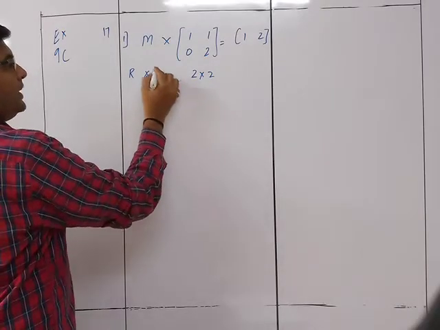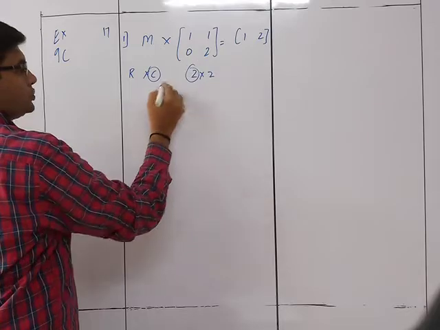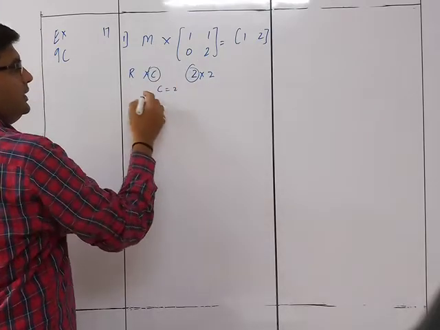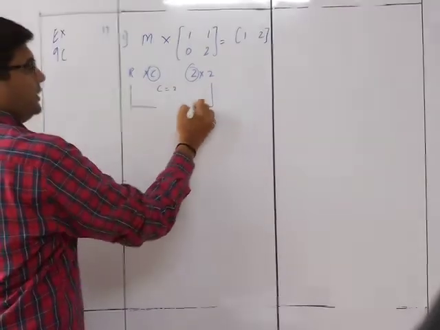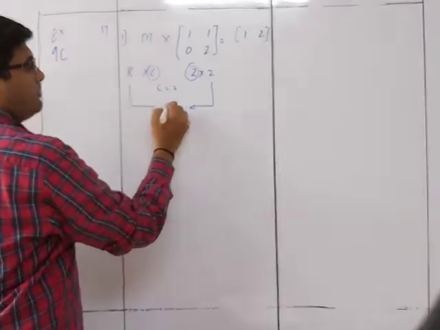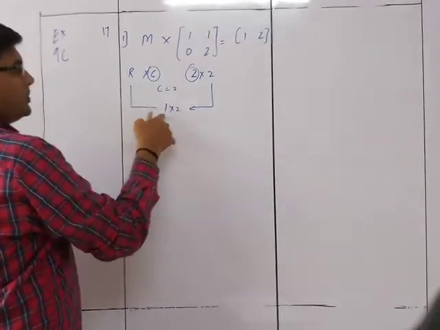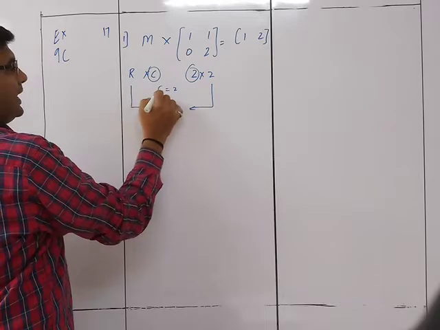This is possible only if C is equal to 2. So C is equal to 2 here. Now the resultant over here will be, we know that this is 1 by 2, right? So automatically R becomes 1. So R is equal to 1.